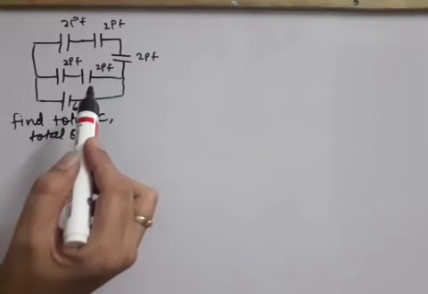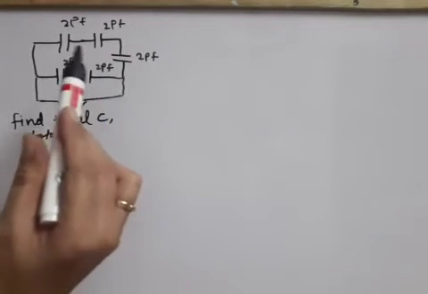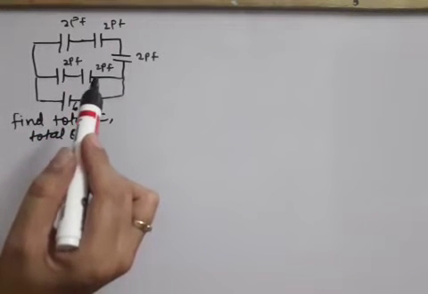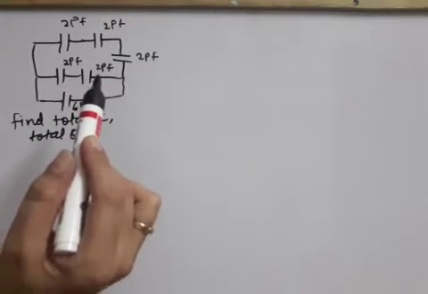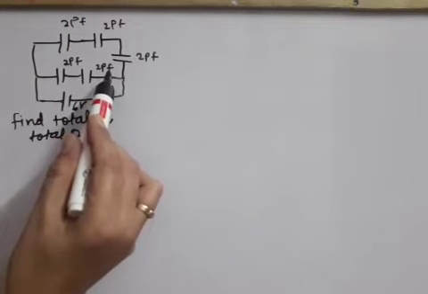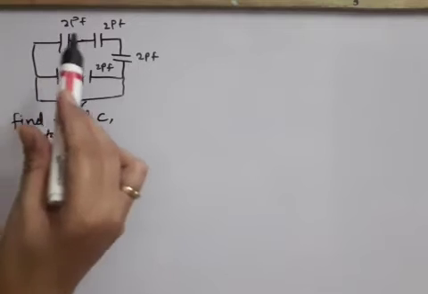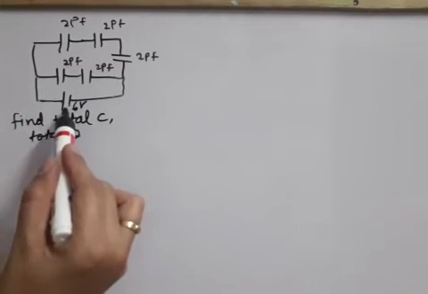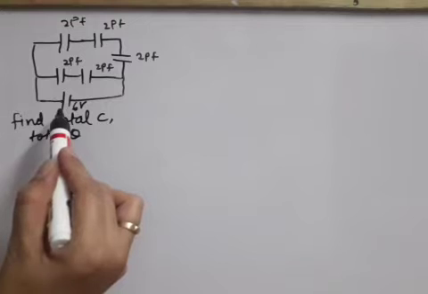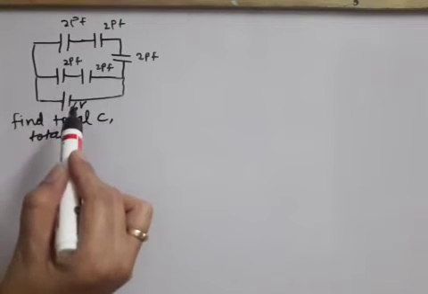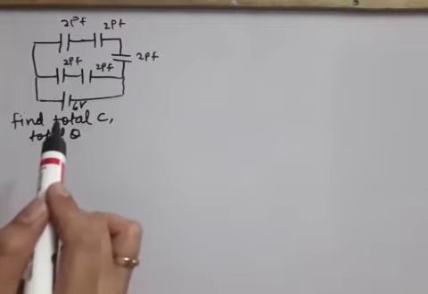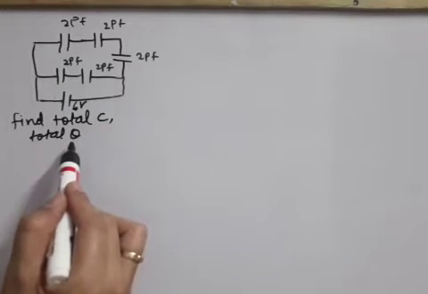We can identify the capacitor either by the symbol, so two equal terminals are shown, and then we can also identify it with the F unit, farad. So farad is the unit of capacitor, and other than these 5 capacitors we are given here one battery. This battery is of 6 volt and it is identified by one bigger terminal and one smaller terminal. We are asked the question that we have to find the total capacitance and total charge.